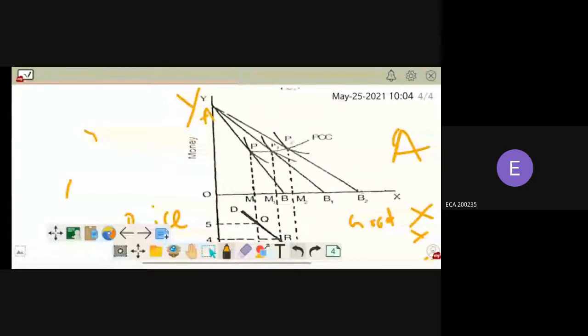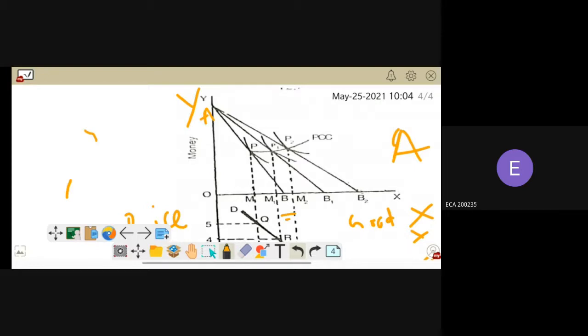So OA is if the consumer spends all his money on good Y, he will be able to buy OA. And if the consumer spends all his income on good X, then he will be able to buy OB units of good X.